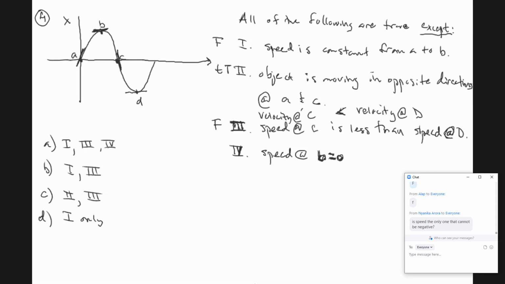Two questions come in. So speed can't be negative. Any scalar quantity is always a positive number, typically. Is speed the only one that cannot be negative? No, distance can't be negative either. There's no such thing as negative distance, right?